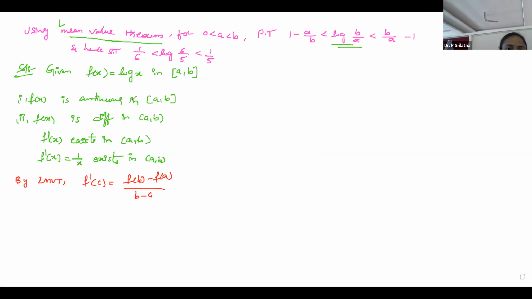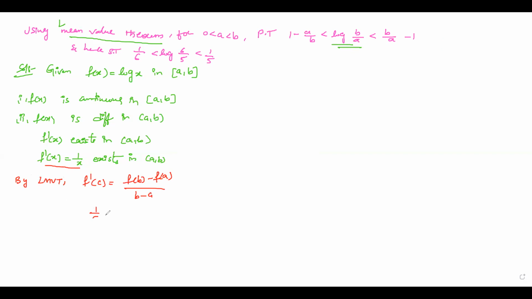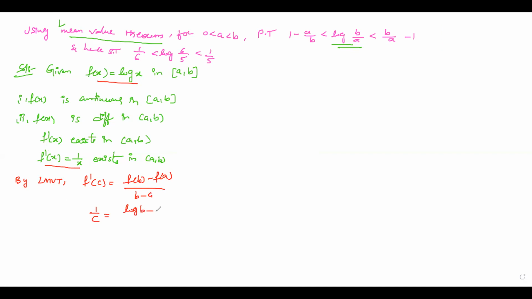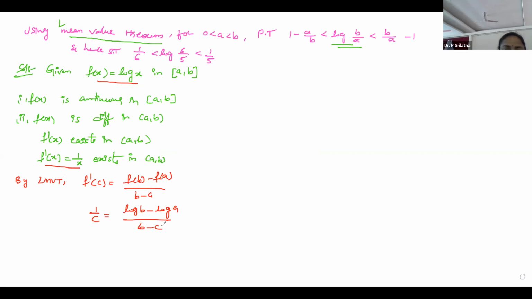So what is f dash of c? 1 by c. What is f of b? Log b. So 1 by c equals log b minus log a divided by b minus a. Let us consider that equation 1.